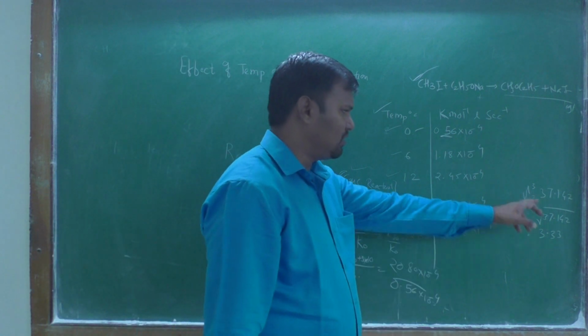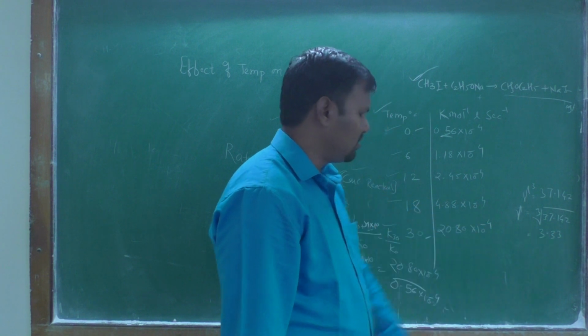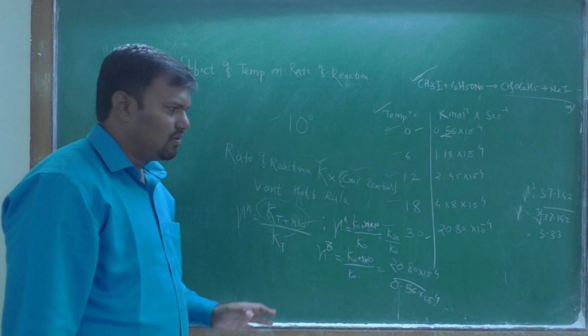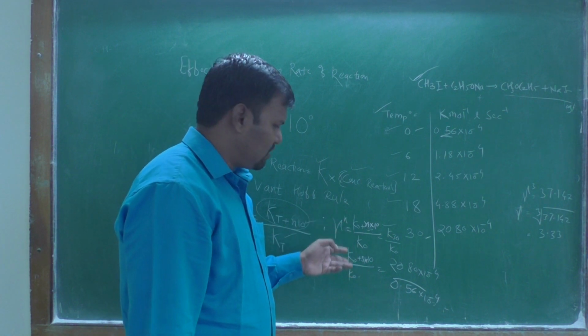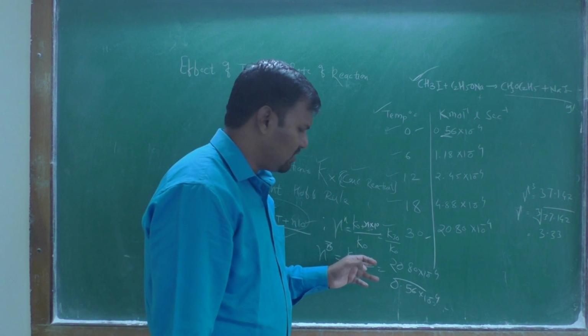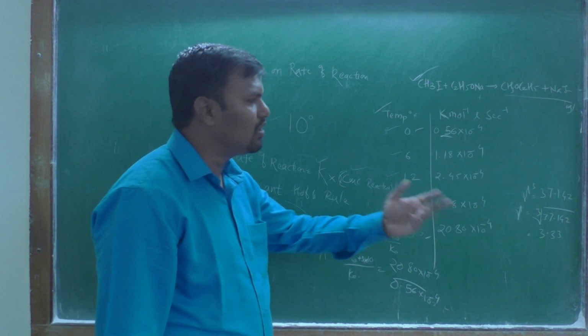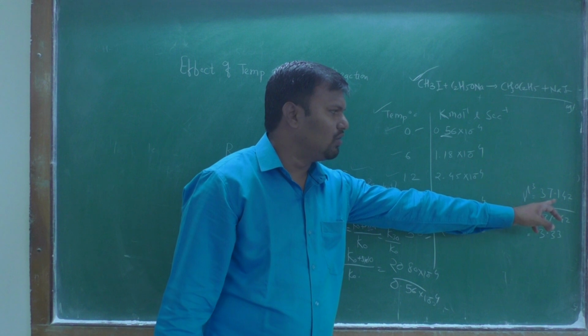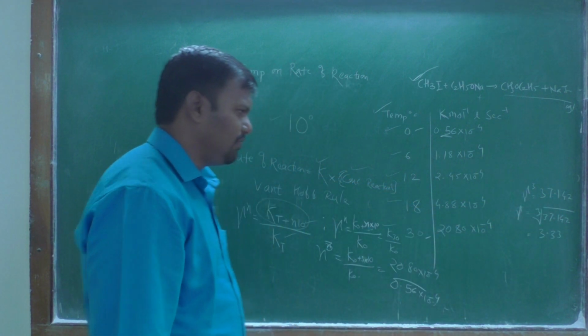Then you will obtain these values, and by the cube root of this you will obtain 3.32. Therefore gamma for the rate constant at 30 degrees Celsius and at 0 degrees Celsius is equal to 37.142, and its cube root is equal to 3.33.